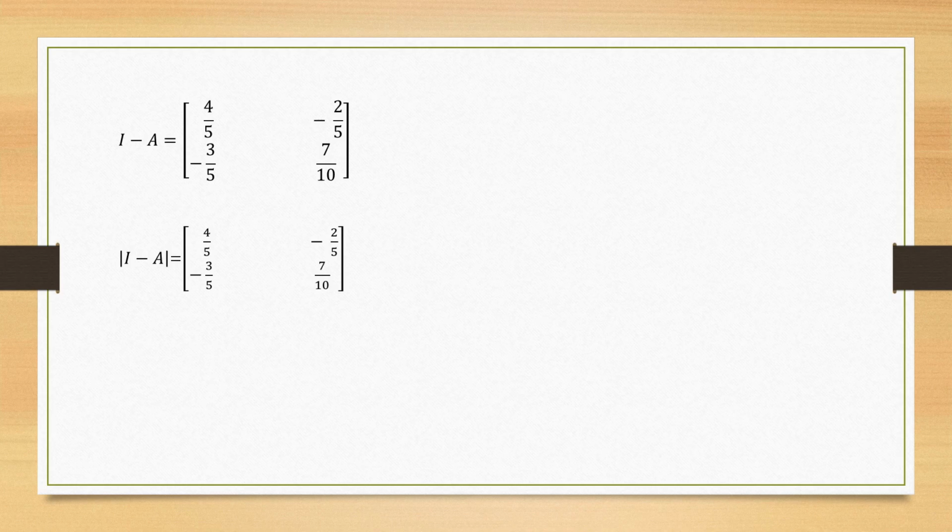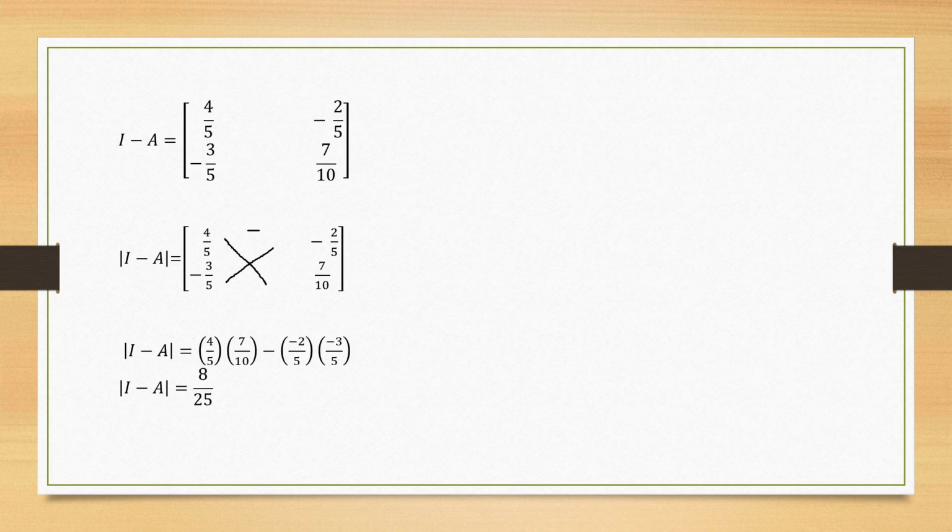This is I minus A, and now we need to find the determinant of I minus A. By cross multiplication, 4 by 5 multiplied by 7 by 10, with a minus sign between, minus minus 2 by 5 into minus 3 by 5.